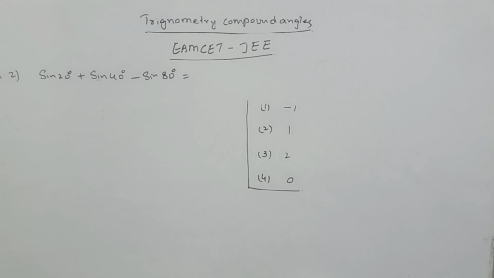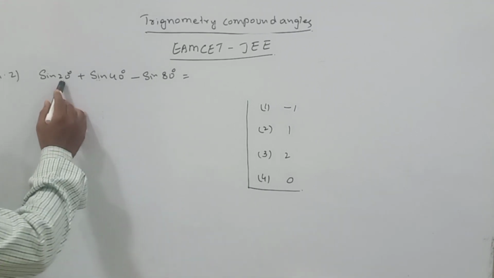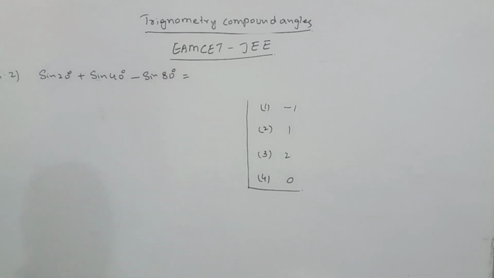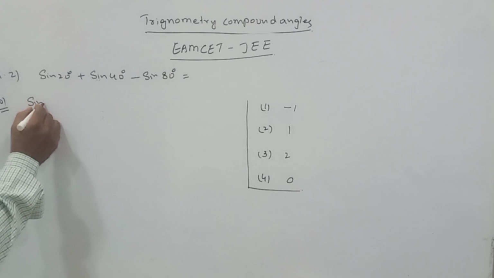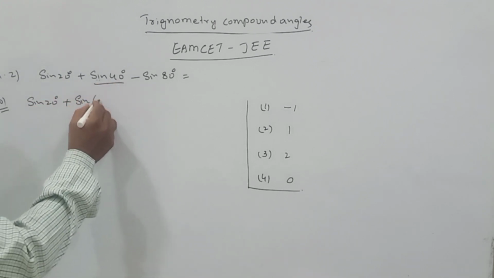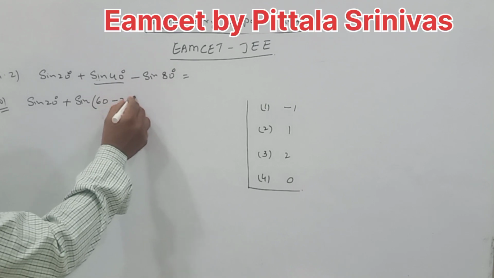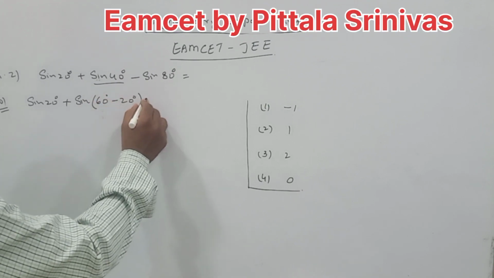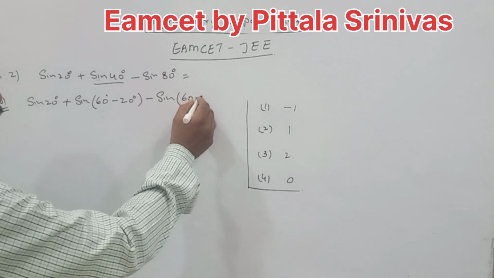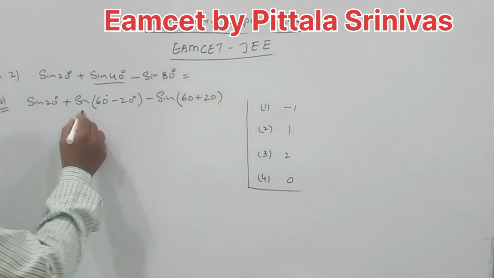Dear viewers, we have the problem sin 20 degrees plus sin 40 degrees minus sin 80 degrees is equal to how much? Here, sin 20 degrees plus, this can be written as sin of 60 degrees minus 20 degrees, minus, this can be written as sin of 60 degrees plus 20.